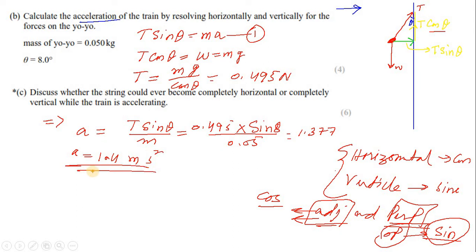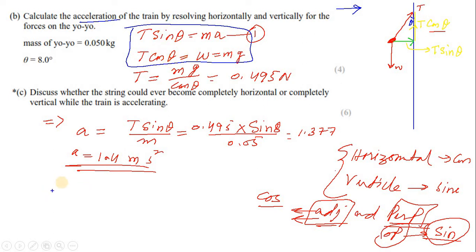In fact, this question can be done in another way. I will show you a quick way. I guess in some of my previous videos I told you that whenever you have two equations in terms of sine and cos, we can simplify them and make them in terms of tangent theta. So you can divide these two equations.